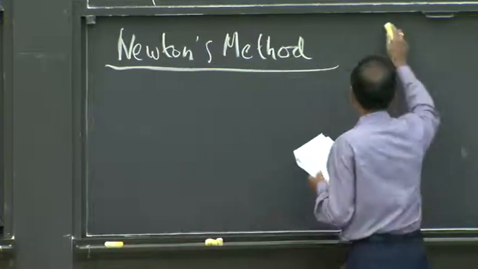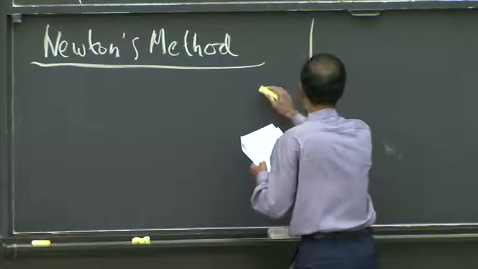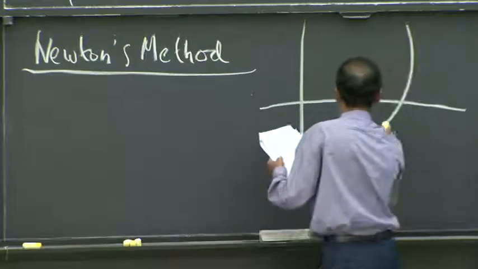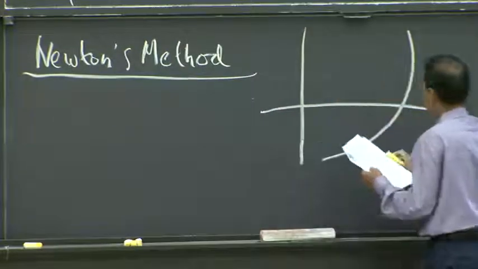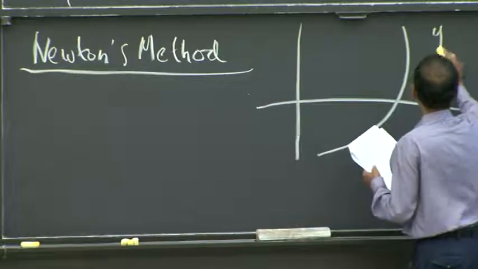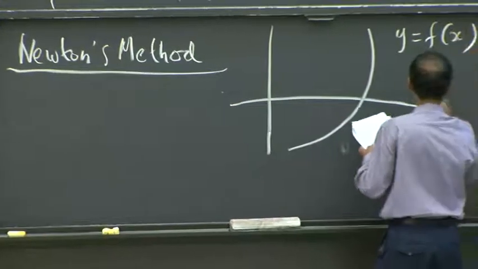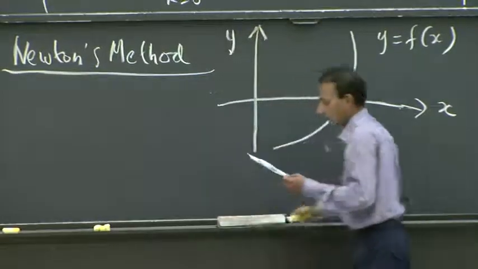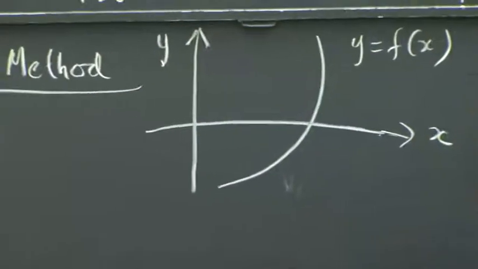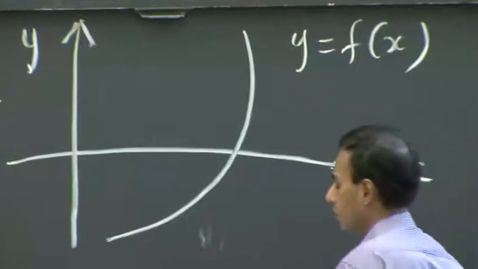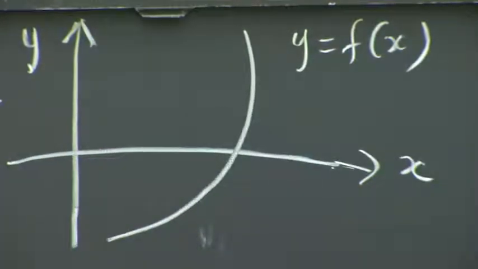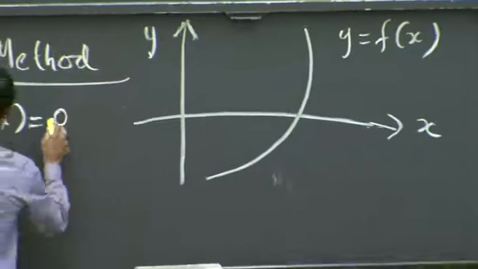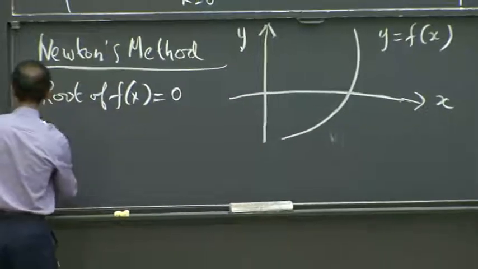Newton's method is something you probably learned about in middle school or high school. Let's say you have a function y equals f of x, where this is x and that's y, the coordinate axes. We're going to try and find the root of f of x equals 0 through successive approximation.